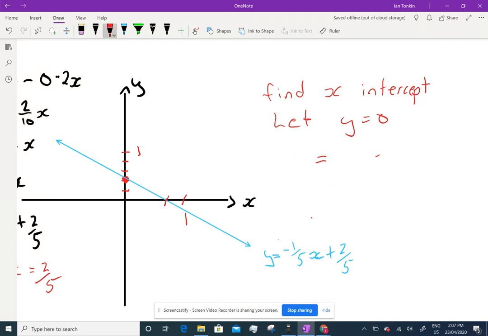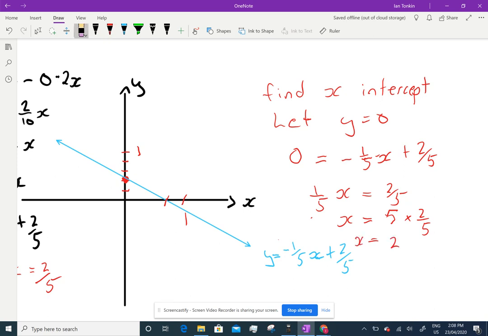If I let y equal 0, I get 0 equals negative 1/5 x plus 2/5. I'm going to add that 1/5 x over, so I get 1/5 x equals 2/5. And I'm going to multiply that 5 across, so I get x equals 5 times 2 on 5. The 5s will cancel, so x will equal 2.